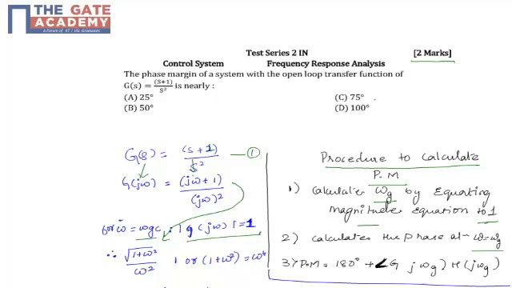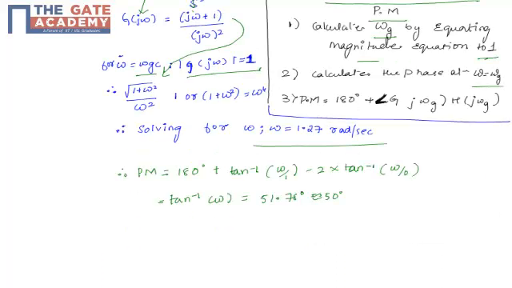After simplifying and solving for omega, we'll obtain omega as 1.27 radians per second.